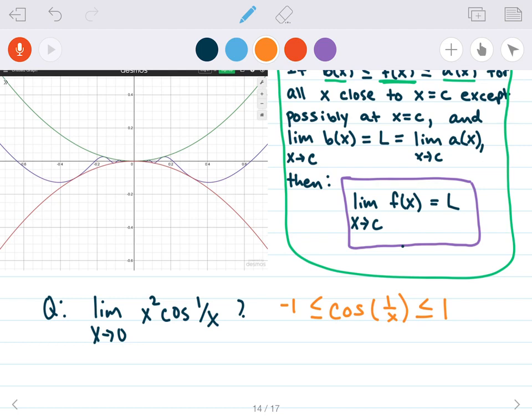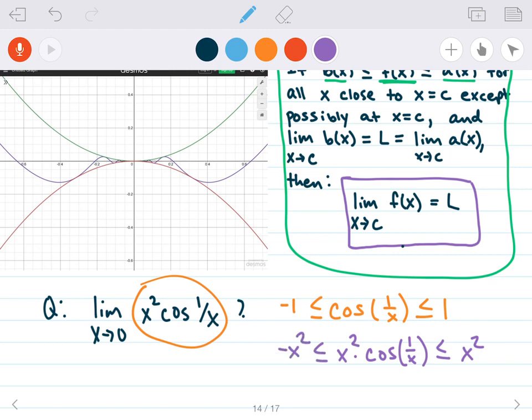And so to make this look like our function, we can multiply the middle by x squared, and then everybody else has to be multiplied by x squared as well. Remember, 1 times x squared, and then on the other side, we have minus x squared.